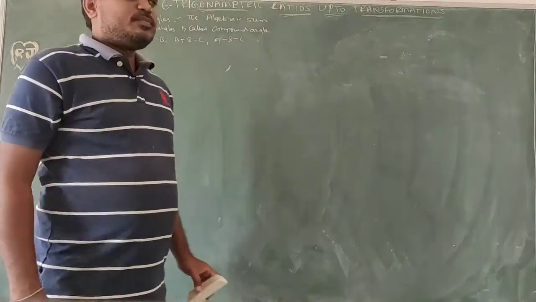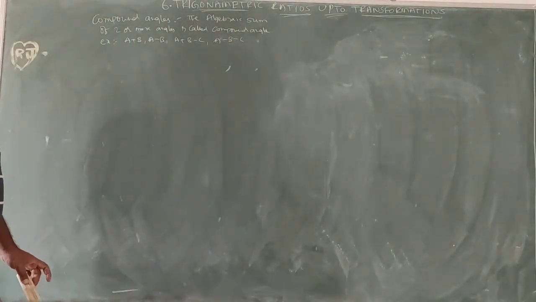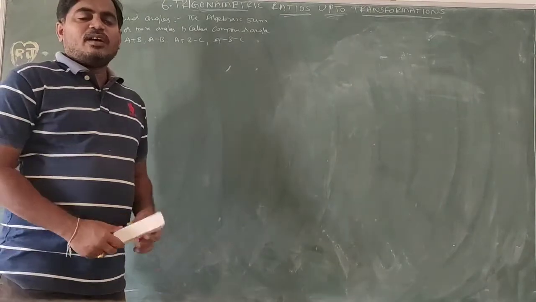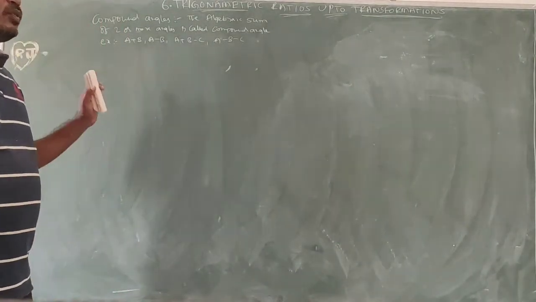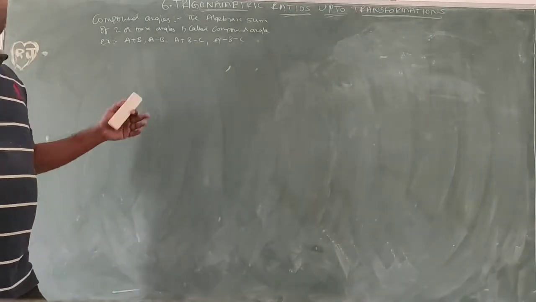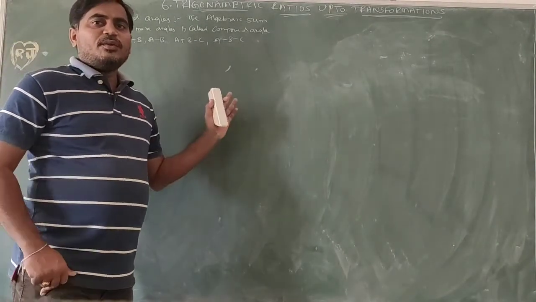Okay, now we will discuss the trigonometric ratios of the compound angles. I will write the formulas. You must remember these formulas. Proofs are not very important, but we need to remember these formulas.